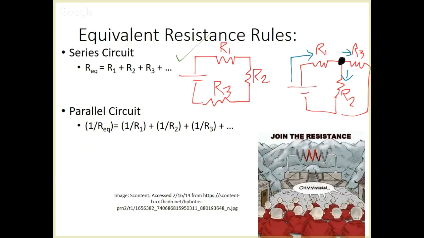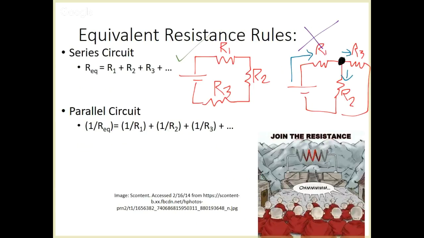I'm getting different current values through R3 than through R1, and different current values through R2 than through R1. So this is not a series circuit. In fact, none of these resistors are in series with anything right now. R2 and R3 are parallel, so I would have to resolve that parallel branch first, and then it would be in series with R1.